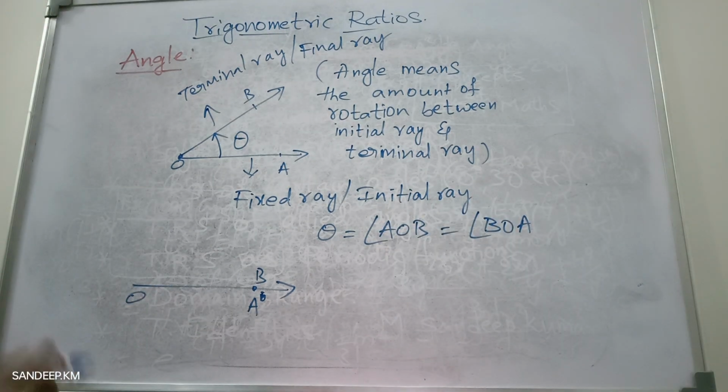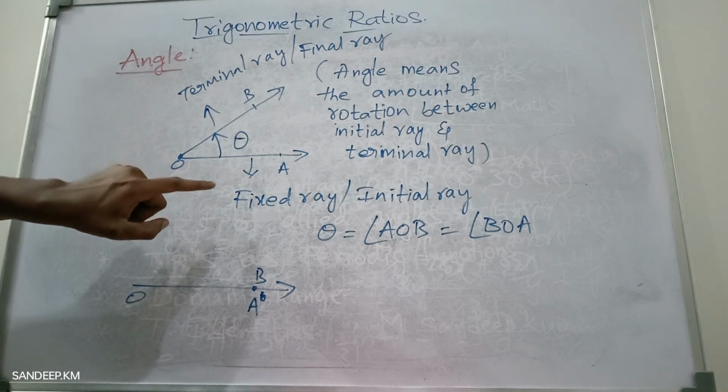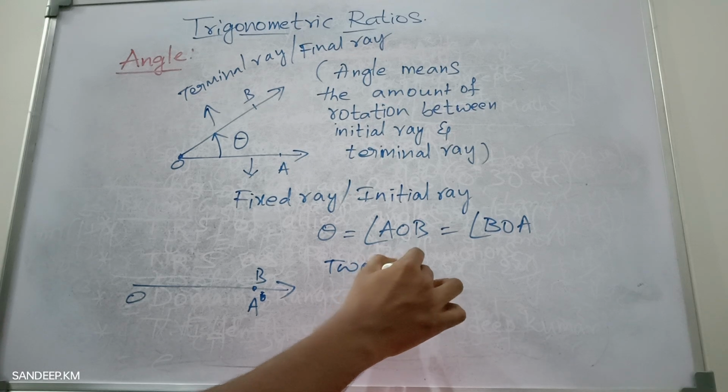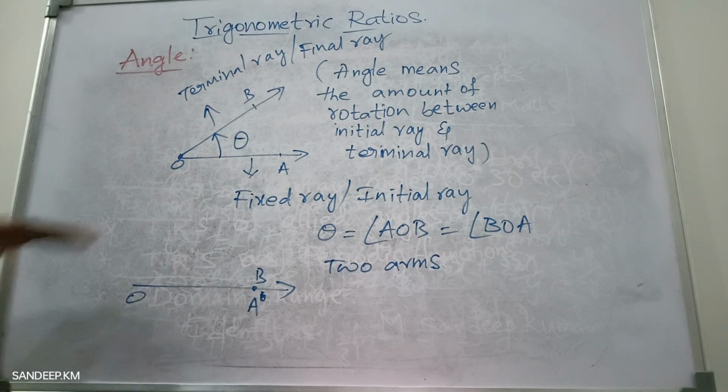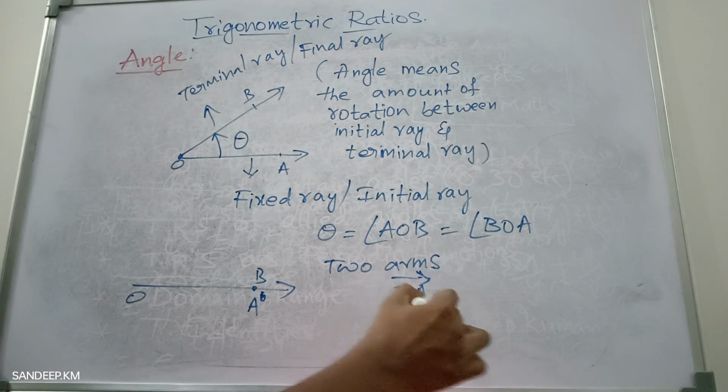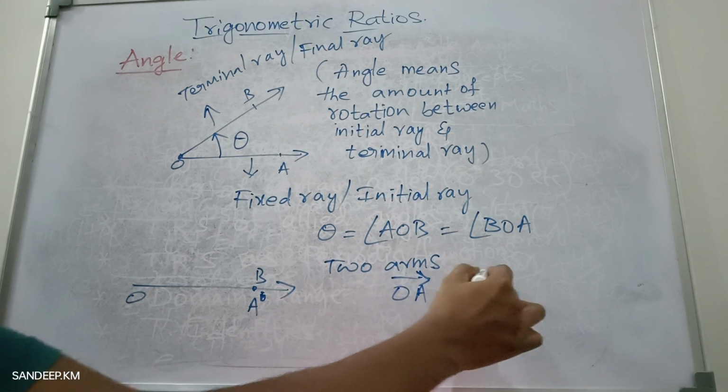Next, what are the elements in a given angle? First of all, this particular angle has two arms. The first arm is OA, a ray, and the second arm is OB.